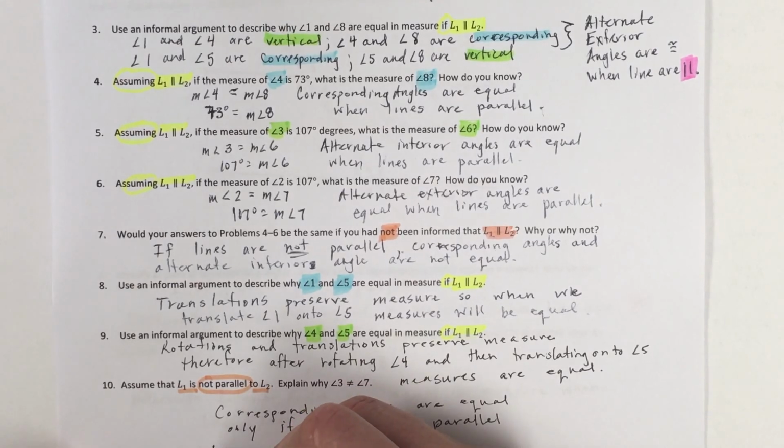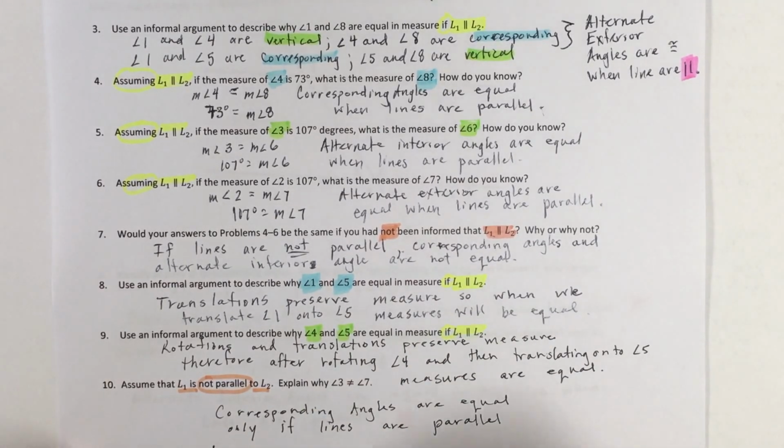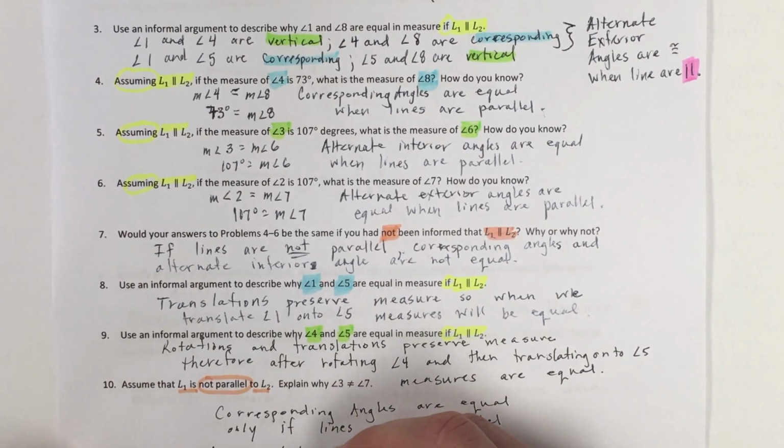The three little dots mean "therefore" in geometry, therefore angle 3 does not equal angle 7.